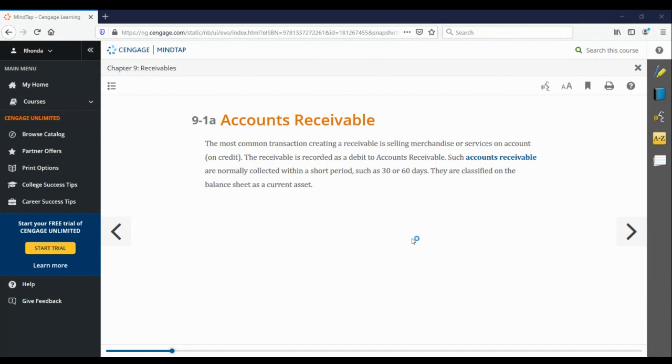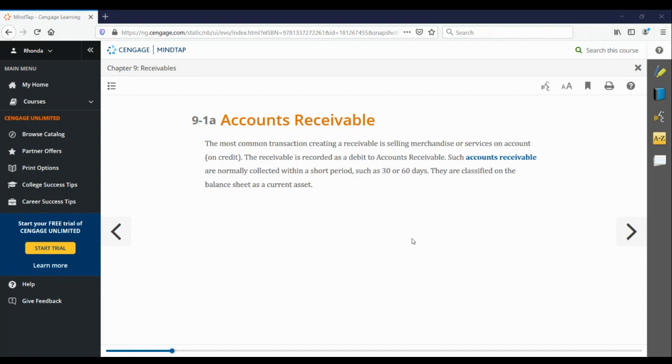So you'll remember that we said in Chapter 1 that all receivables are asset accounts, and so accounts receivable is definitely an asset account. It will be considered a current asset if it is collectible within 1 year.